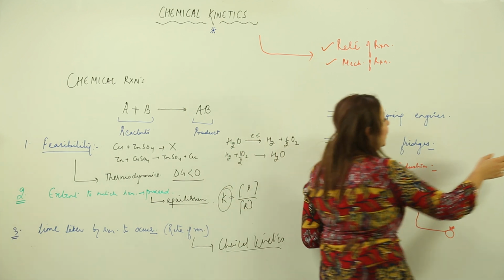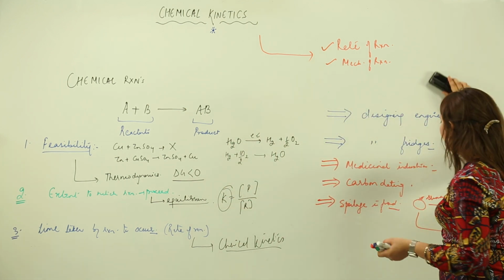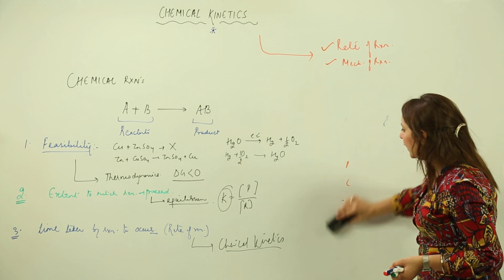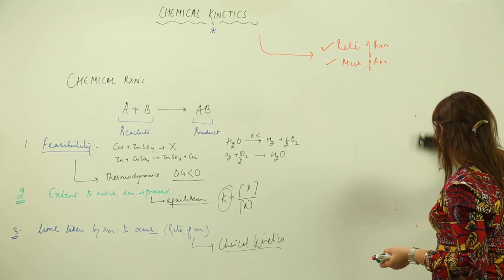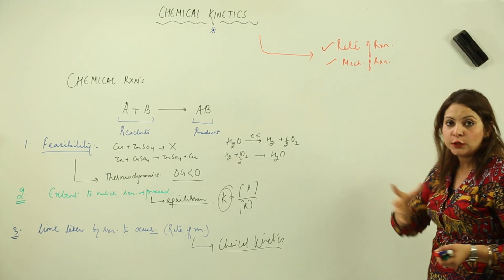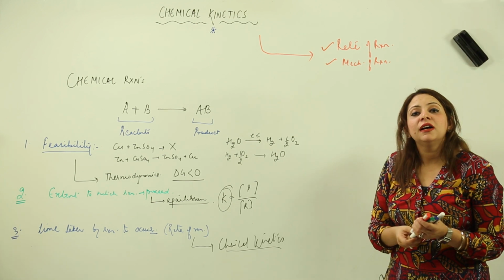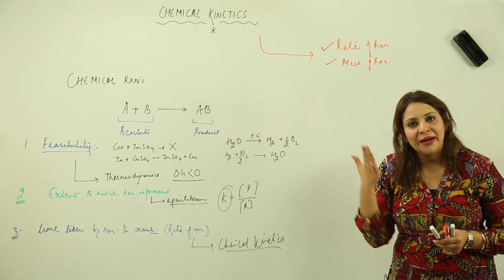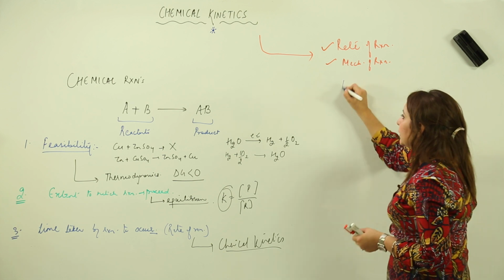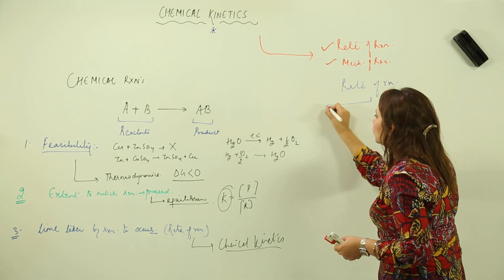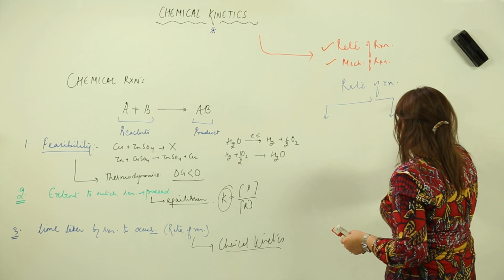So you are all now familiar with the chemical reaction, what chemical kinetics is, and where in daily routine you get to see chemical kinetics working. Now our concern is what the types of reaction are. Depending upon the rate of reaction, we classify reactions into 3 categories, right?